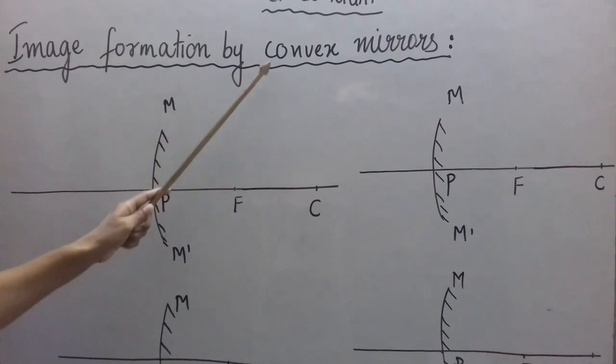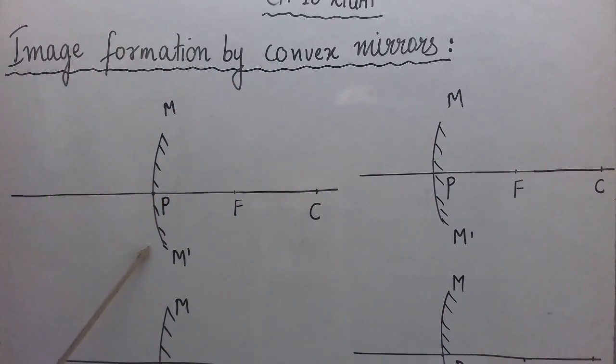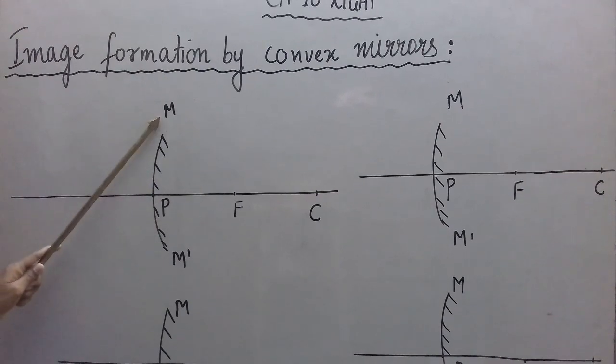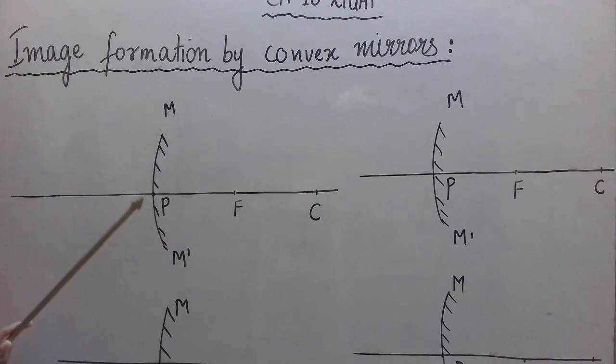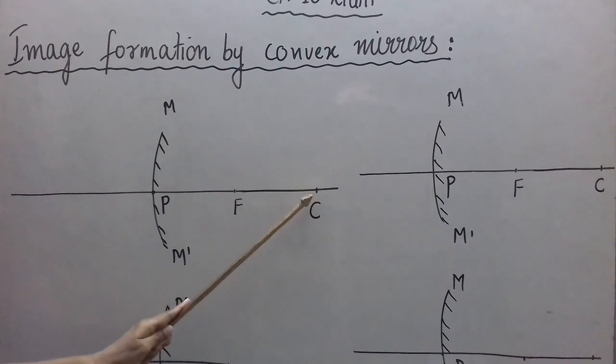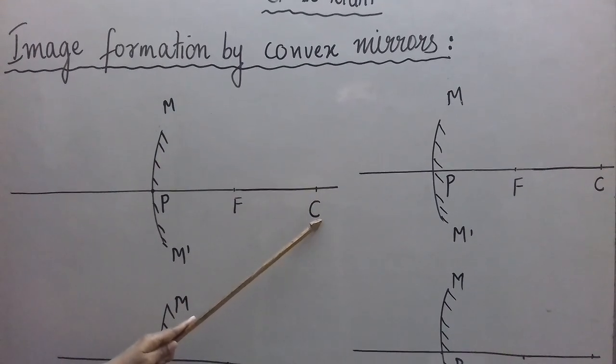We know that convex mirrors are the spherical mirrors whose reflecting surface is curved outwards. So we have to polish the outer side, and name this aperture as M M dash. The central geometrical center of the reflecting surface of the mirror is pole P. Where the tip of the compass was placed is represented by capital C, the center of curvature.